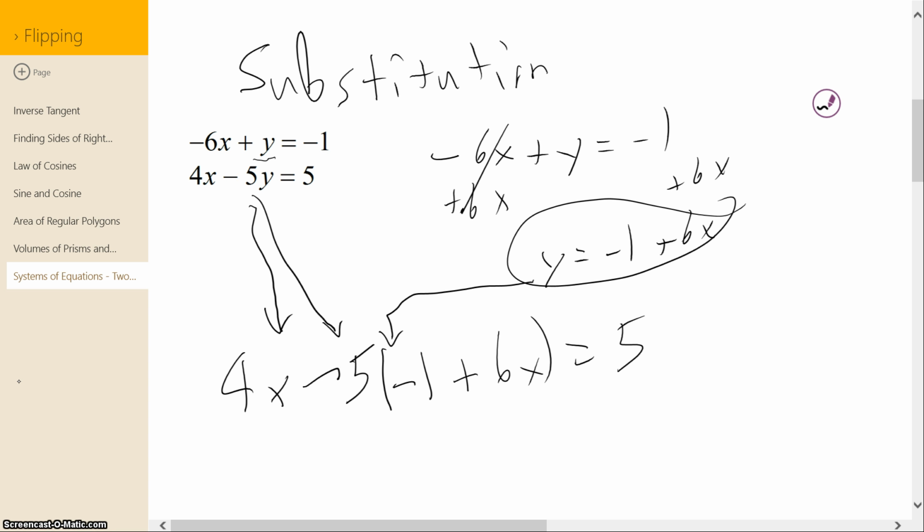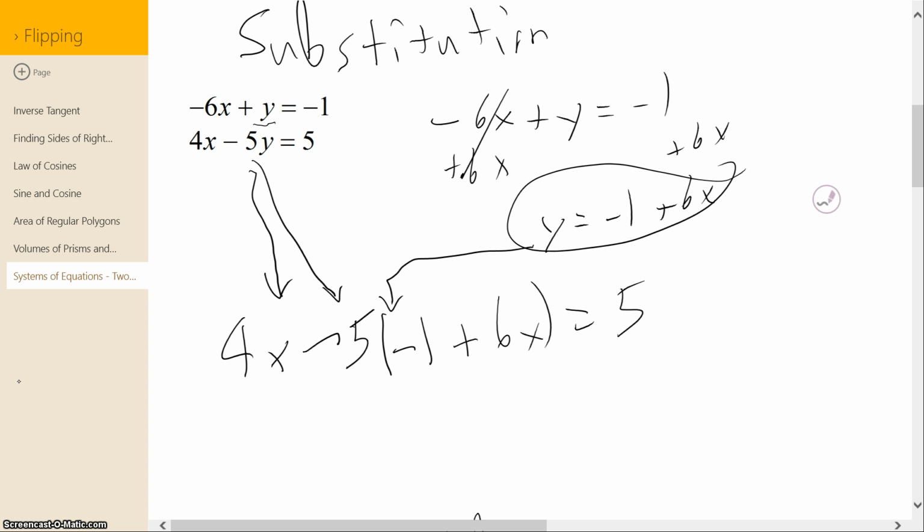Everything else stays the same. 4x, I'm going to distribute this 5, minus, this would be negative 5, and then plus 30x still equals 5.